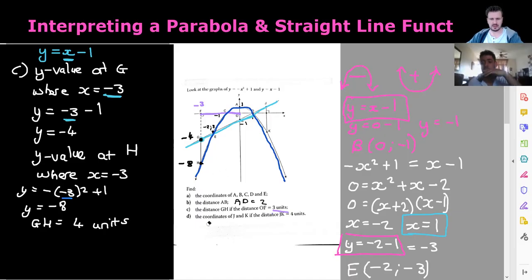I think you've got it. So let's just say that GH, we know G and H are 2 points, right? So we know that the distance between these 2 points is just going to be the y values of the points subtracted from each other.